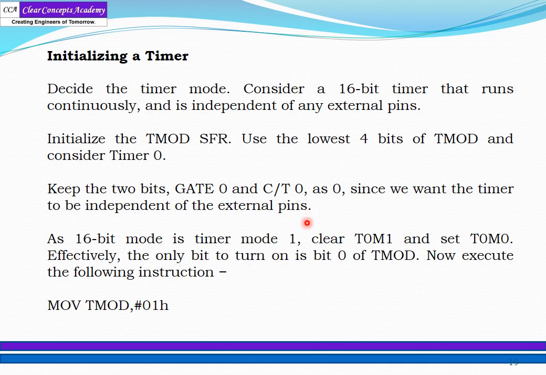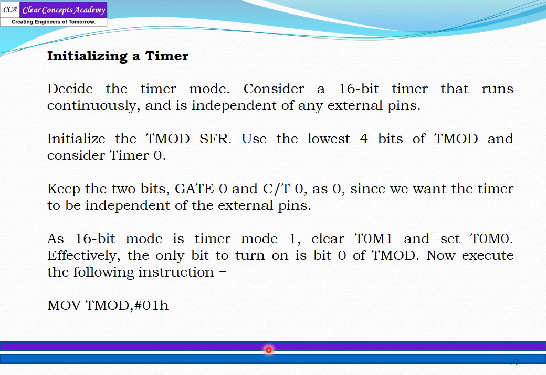Now you are moving a value into TMOD. You are keeping all other bits zero, and as we have seen, GATE is 0. Then C/T is 0 because you want to use the counter, and you want it to work only in mode 1. That means M1 and M0 have to be set to 01.